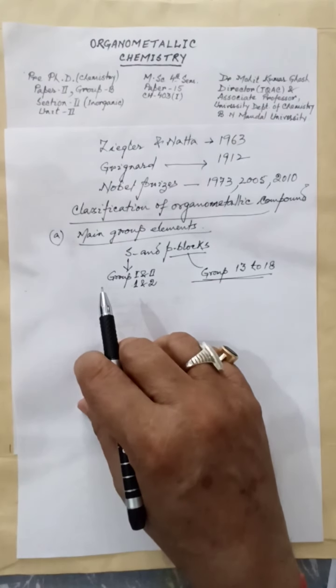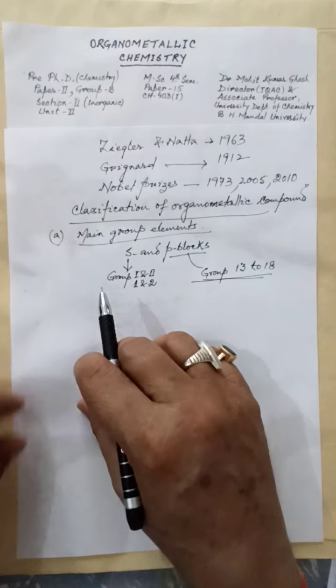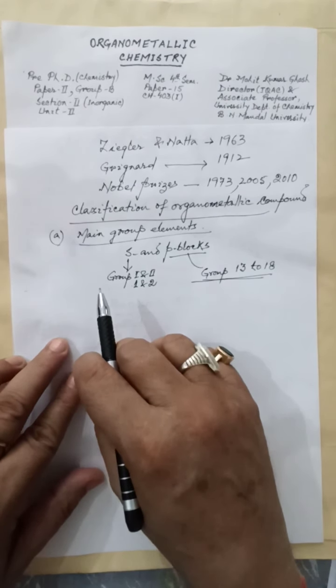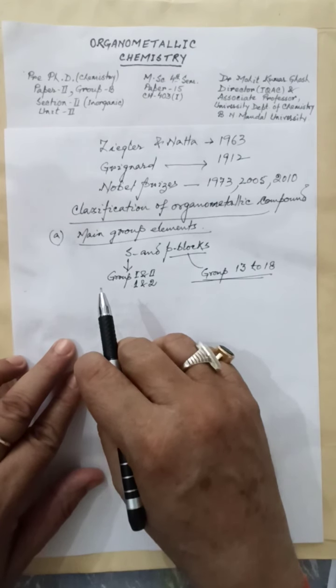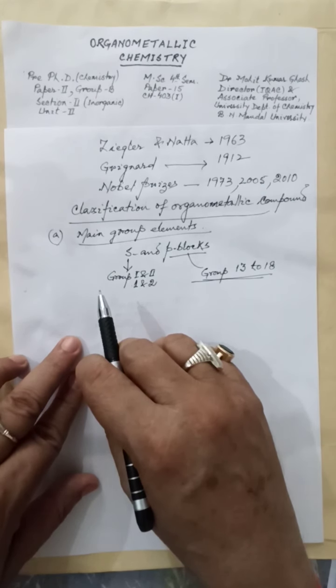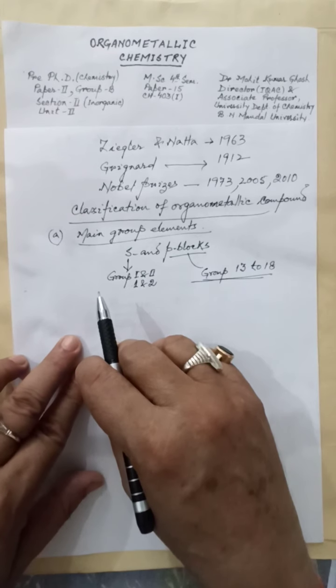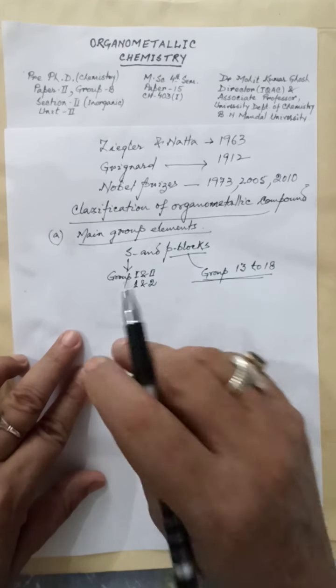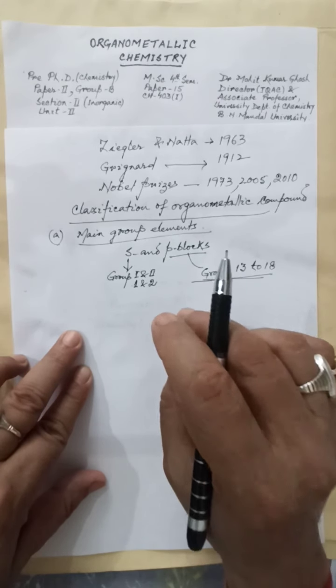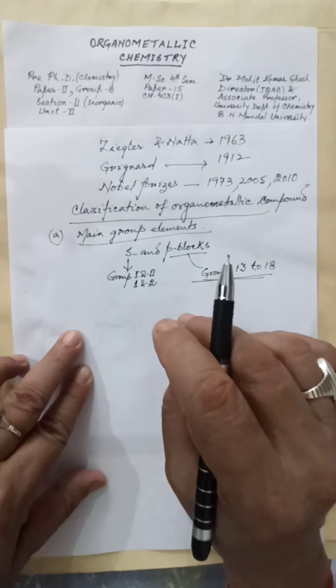So the main group metals of the P block, excluding elements like nitrogen, phosphorus, oxygen, sulfur and halogens, which are more electronegative than carbon, form essentially volatile covalent organocompounds in which the ionic character tends to increase, as expected, on going down any group of the periodic table.